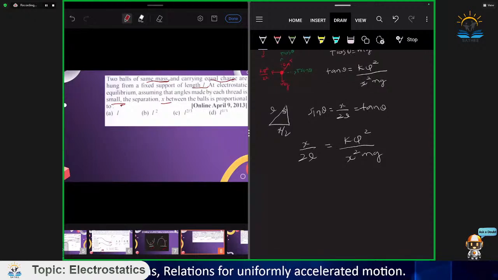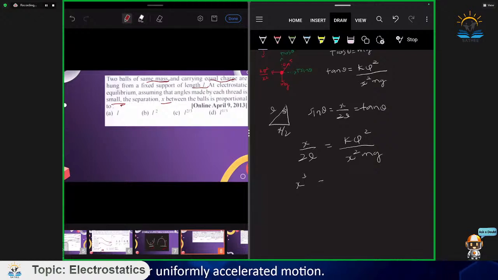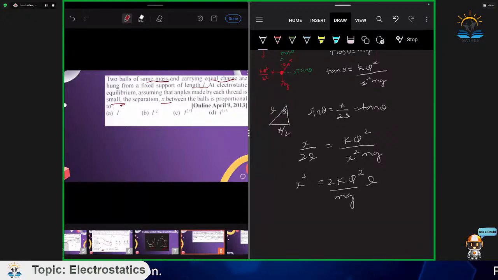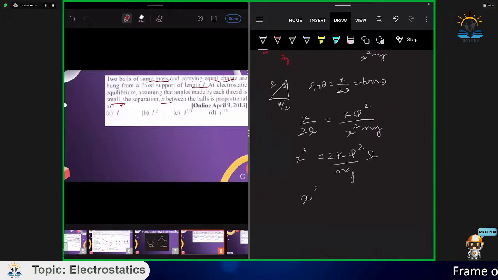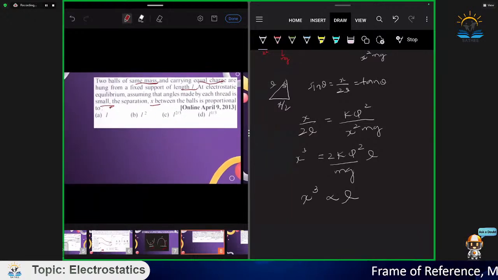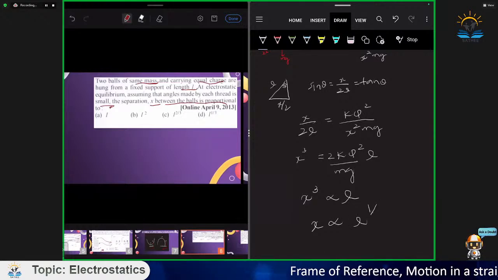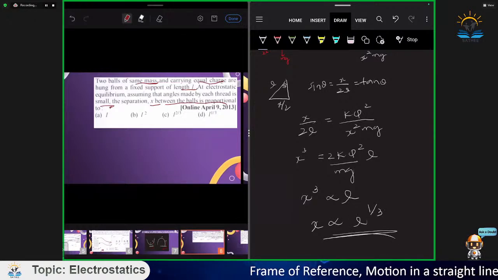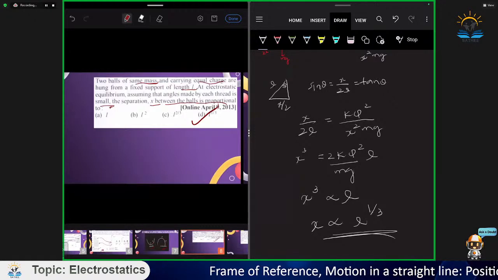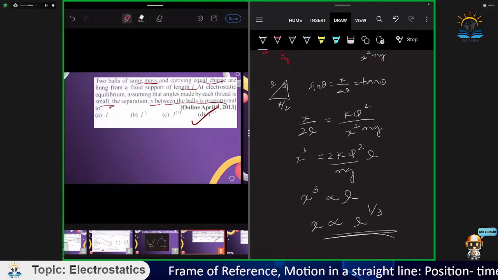Taking x square to the left-hand side, x cube equals 2kq square by mg into L. That is, x cube is proportional to L. The question asks about x between the balls: x is proportional to L raised to 1 by 3. So option D will be the correct answer. Easy.